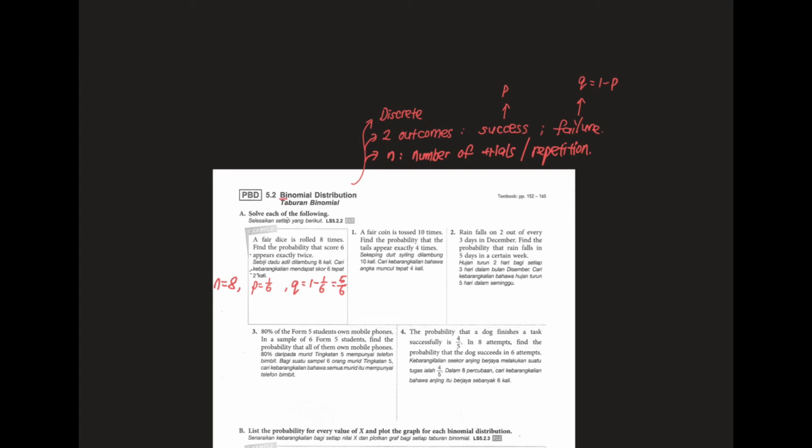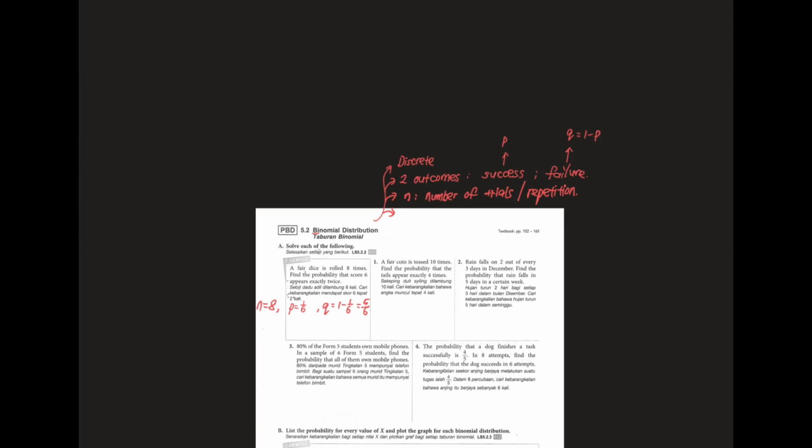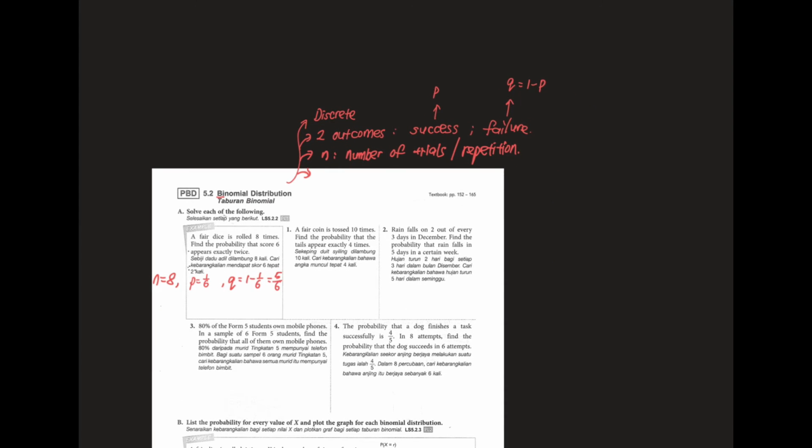Now, how to find the probability formula? For binomial, you have n, you have p, you also have q. To find the probability, the formula is: probability of X equal to r equals nCr times p to the power r times q to the power of n minus r. This is the formula for the probability under binomial distribution.